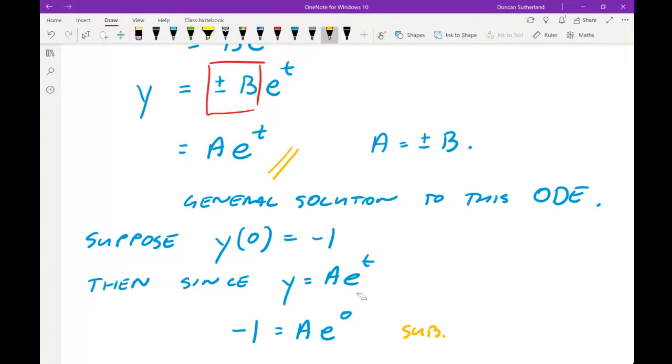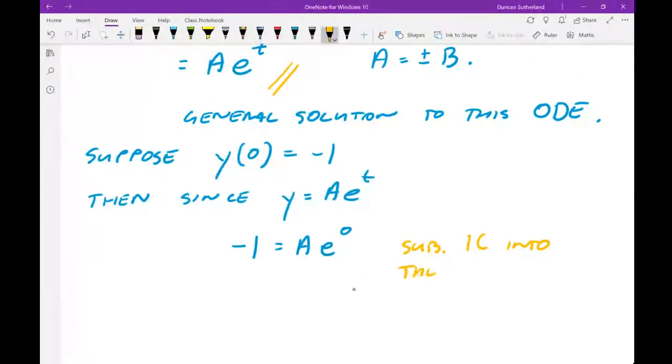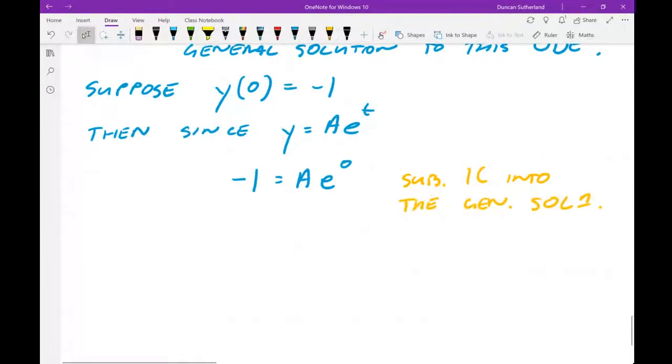Sub IC into the general solution. This implies, since e to the 0 is 1, a equals -1.